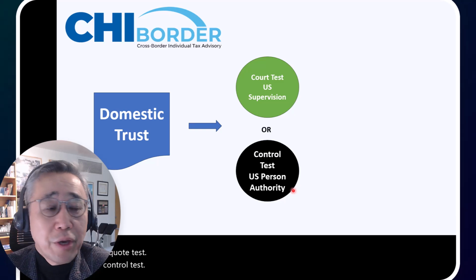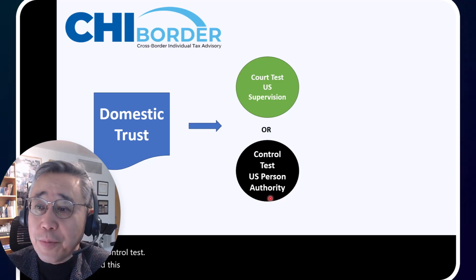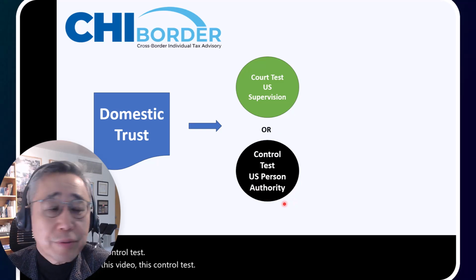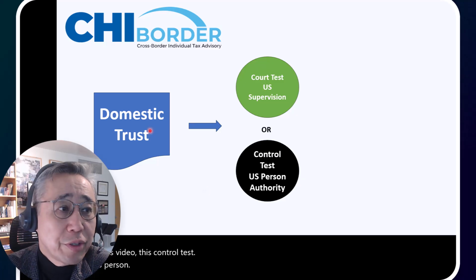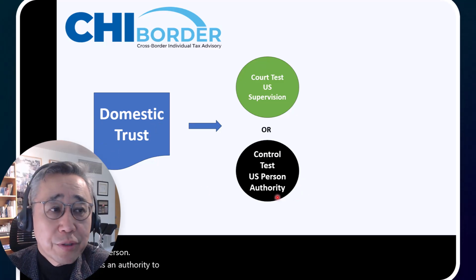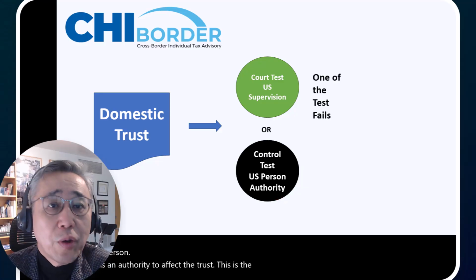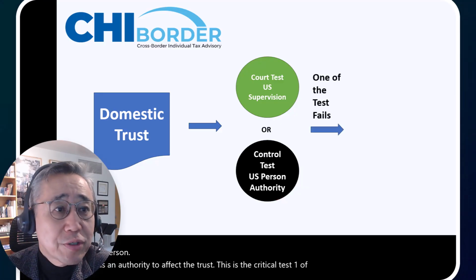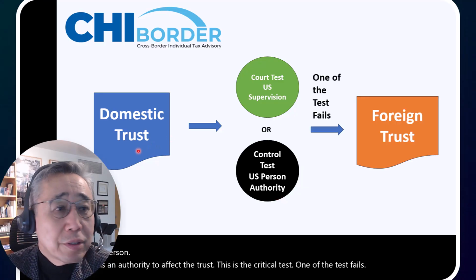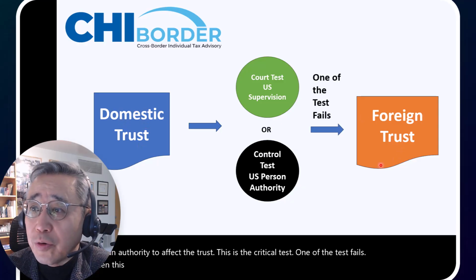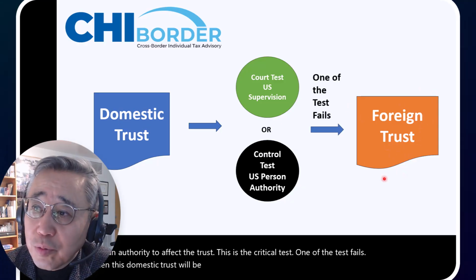In this video, this control test, US person has an authority to affect the trust. This is the critical test. If one of the tests fails, then this domestic trust will be characterized as a foreign trust.